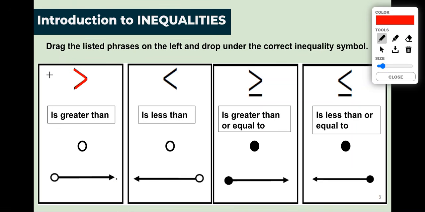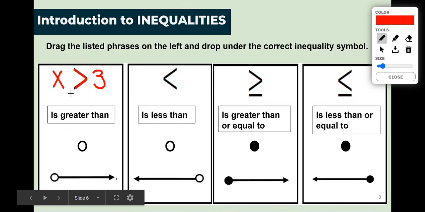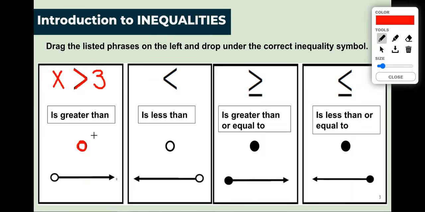Okay, so if we have something like x is greater than 3, then this inequality would be telling us that whatever number we have needs to be larger than 3. A greater than symbol, when you're graphing it, has an open circle, because an open circle means that you're not including that value as a part of the statement.